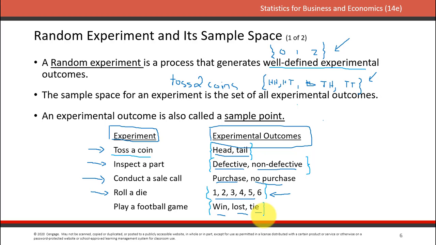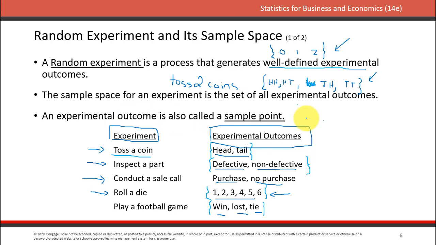We said there are other ways we could describe the outcomes. For example, the scores. Just like here, when we toss 2 coins, we could describe the outcomes like this. Or this way. But in any case, a random experiment is a process that generates well-defined experimental outcomes.